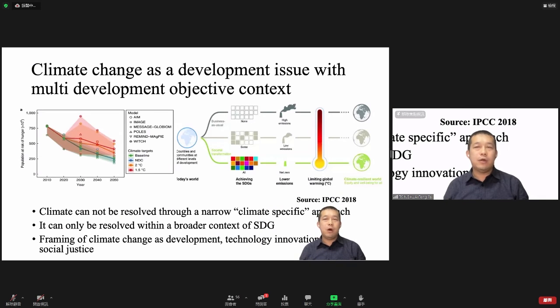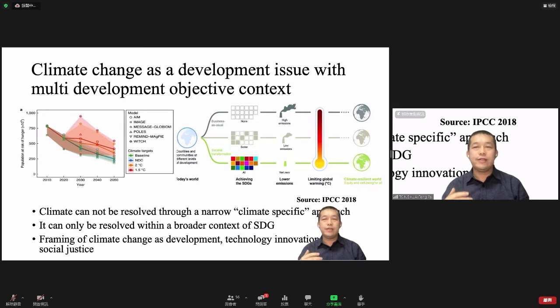And this is important because climate change has been framed largely as a development issue with multiple development objectives. Why is this? Because scientific studies show that the climate challenge cannot be resolved through a narrow, climate-specific approach, because climate change has huge impact on other important social development objectives.